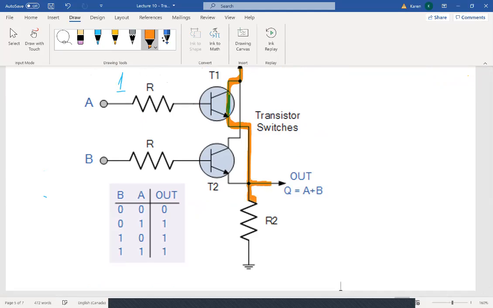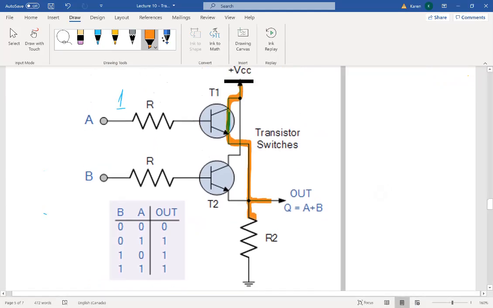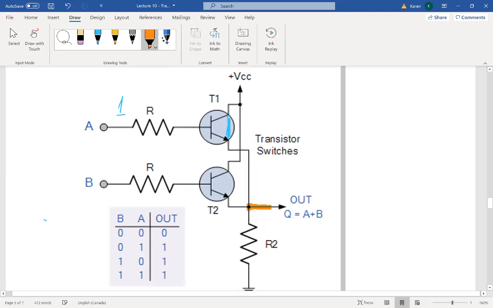And yes, where I'm measuring, there is a voltage. Okay. Now, this voltage will be present here. So that's A is 1, and there is a voltage present.